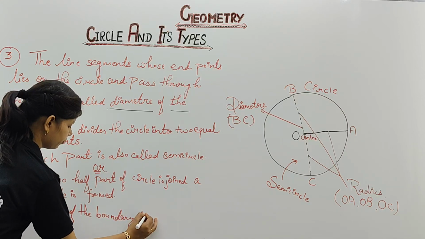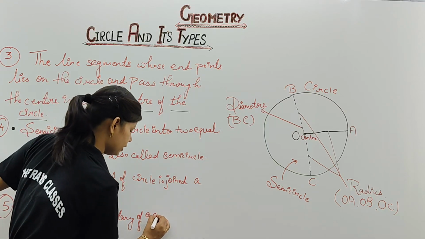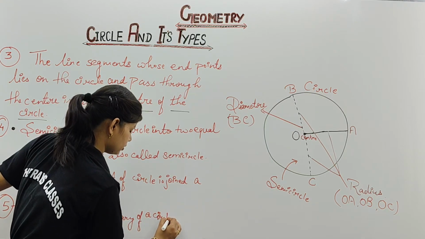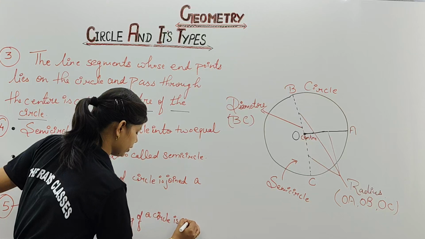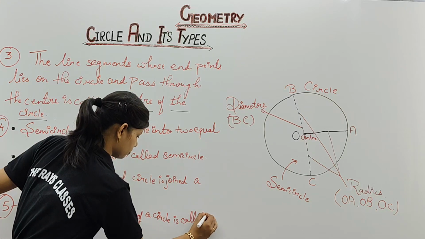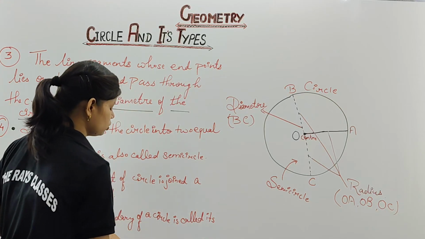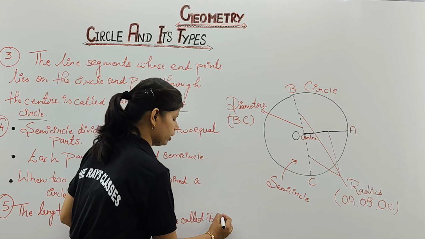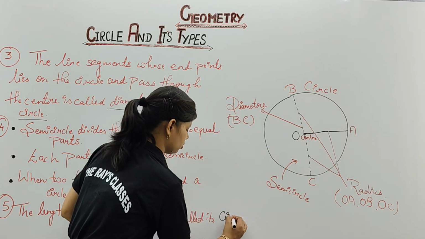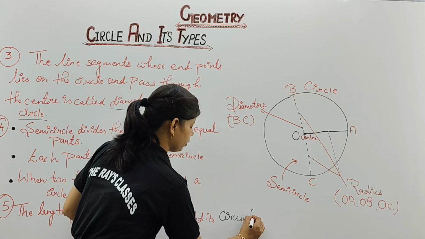Boundary of a circle is called its circumference. So what are the things we are going to recall from here is called its circumference.